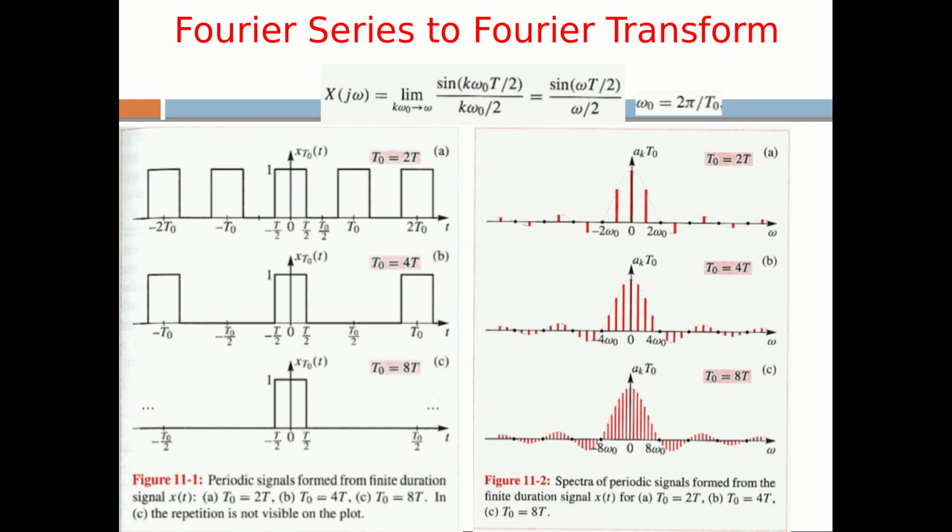Thus, as the time period of the input wave keeps increasing, the Fourier coefficients keep coming closer and appear continuous. Having a very large or infinite time period means the signal behaves as if it's aperiodic, and the CTFS converges to the CTFT.